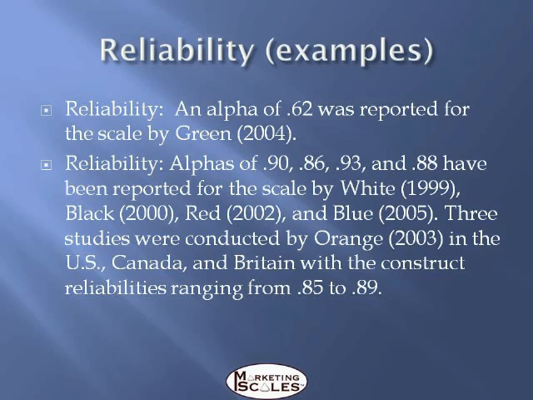Whereas the second one there shows that numerous authors have used the scale in their research and have found it to generally have reasonably good reliability. That gives you confidence that in your study it will be reliable as well, particularly if you're going to not make any changes and you're going to be using samples that are similar to the ones they use in their studies.